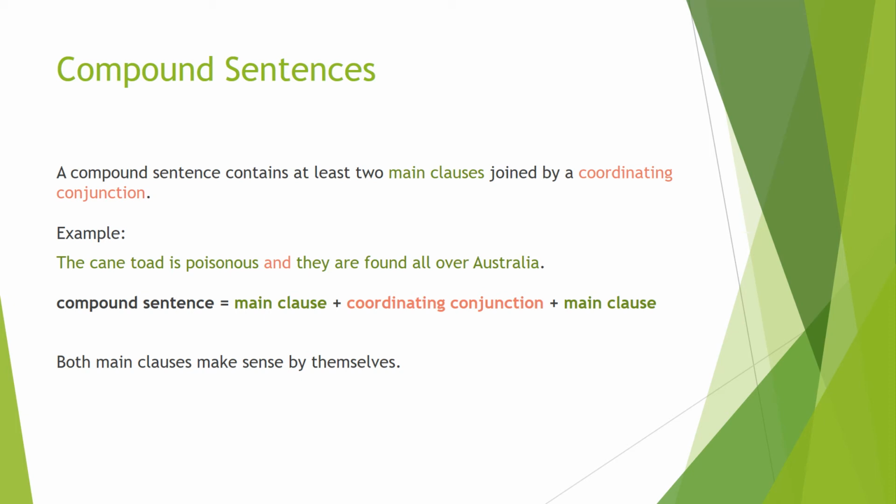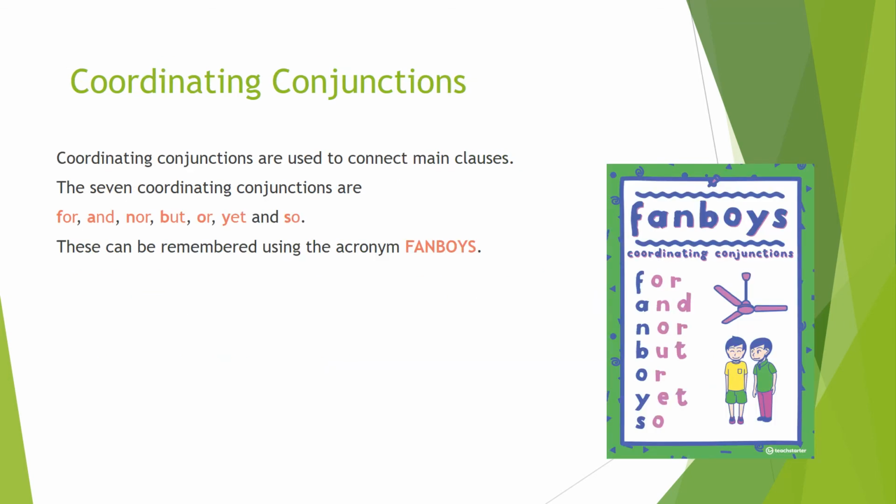And both of those main clauses make sense by themselves. So I could say to you, the cane toad is poisonous. That makes sense. I could say to you, they are found all over Australia. That also makes sense.